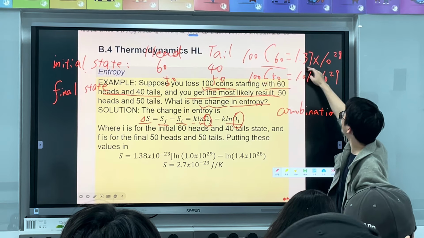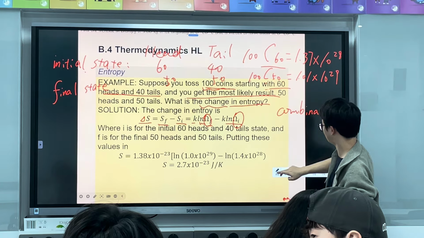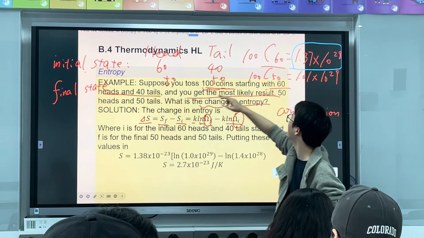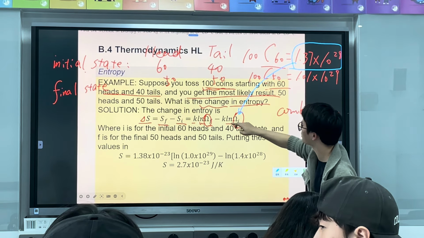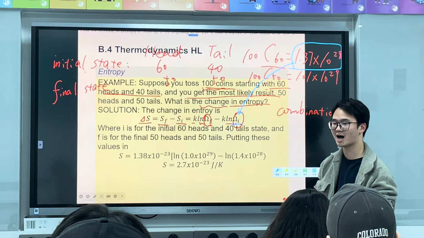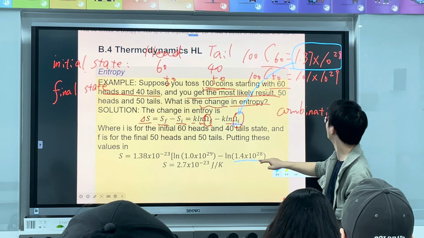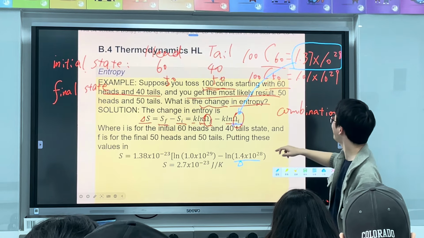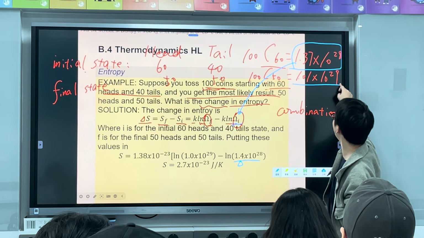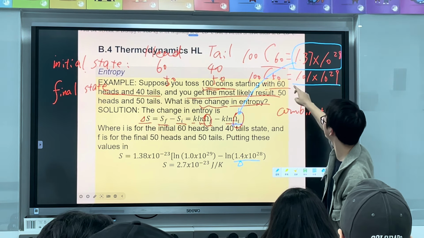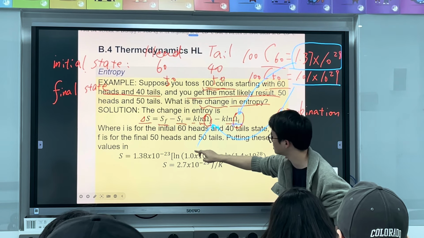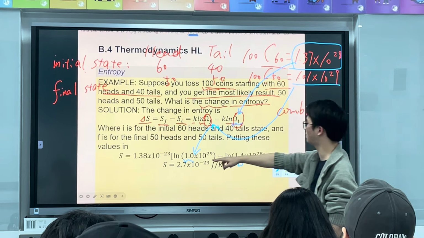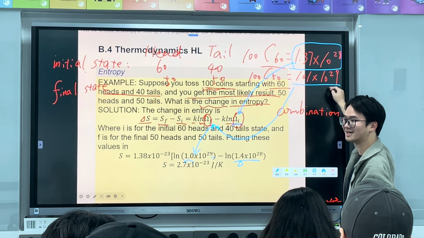Okay, so 1.37 times 10 to the power of 28, that's the initial state, right? So that's the initial number of possible outcomes, which is here, 1.4, you only save 2 significant figures, times 10 to the power of 28. And then 1.01 times 10 to the power of 29 is the final, which goes here, also only two significant figures, so 1.0 times 10 to the power of 29, right?